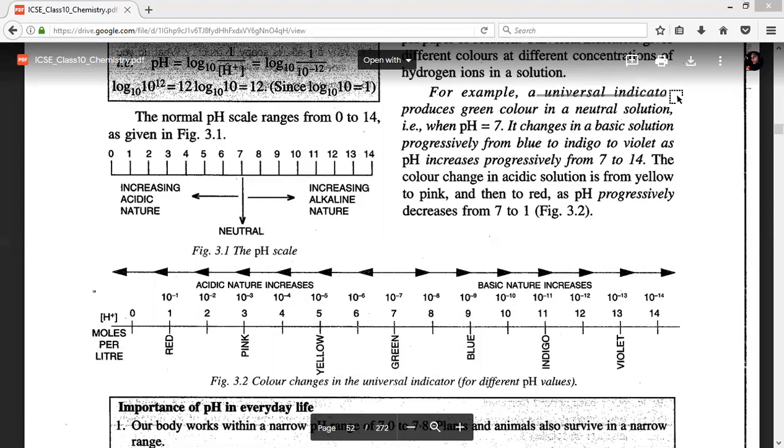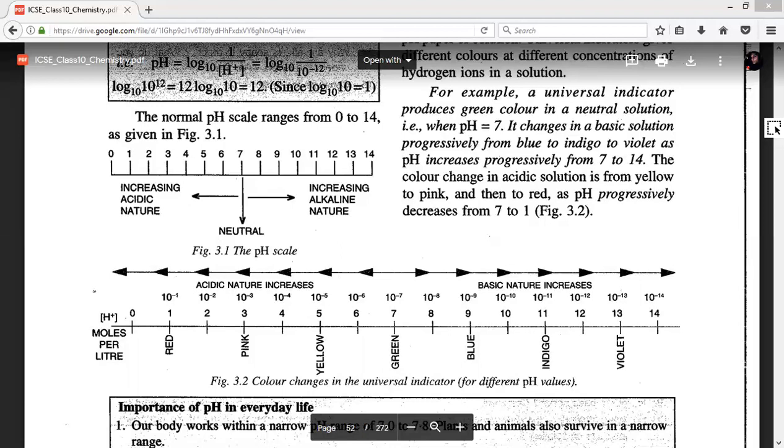Universal indicator is the name given to the pH paper, which shows the strength of the particular solution. That particular solution gives us a different pH, and this pH will tell us whether a substance is acidic or basic in nature.